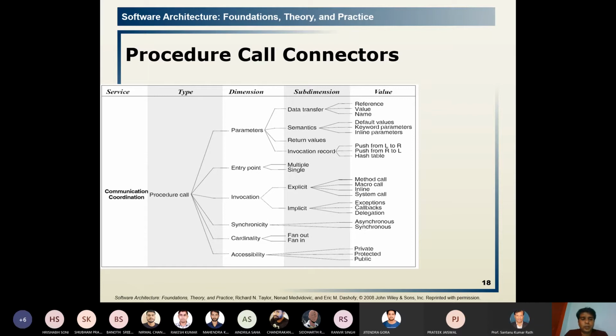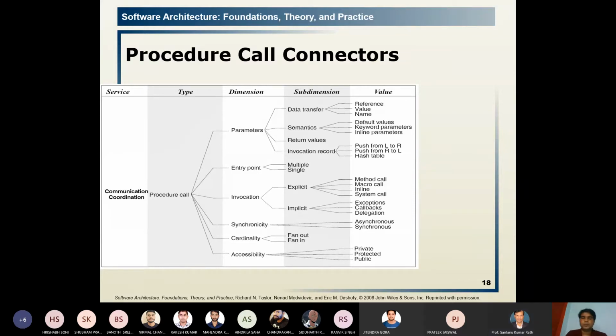Then the next dimension is entry point, whether you have multiple entry points or a single entry point in the component. Then invocation has two types, explicit and implicit. In explicit you have the method call, macro call, inline, and system call. In implicit, you can check, it has exceptions, callback, and delegations as values.